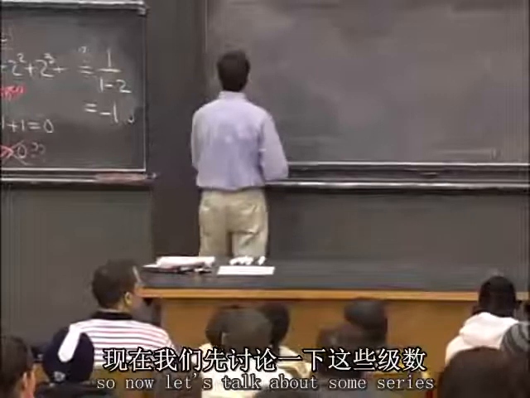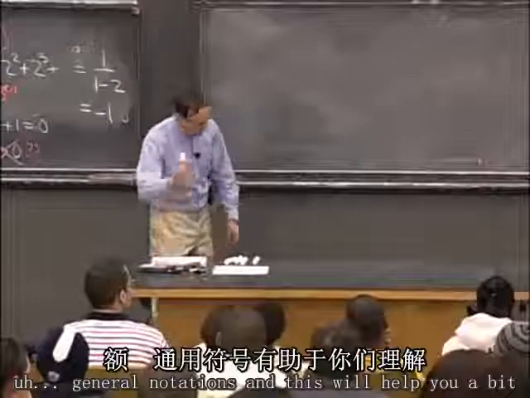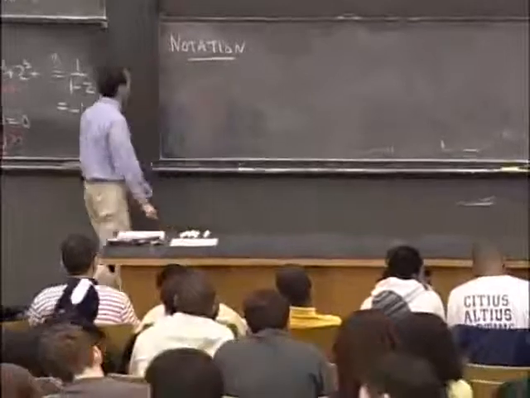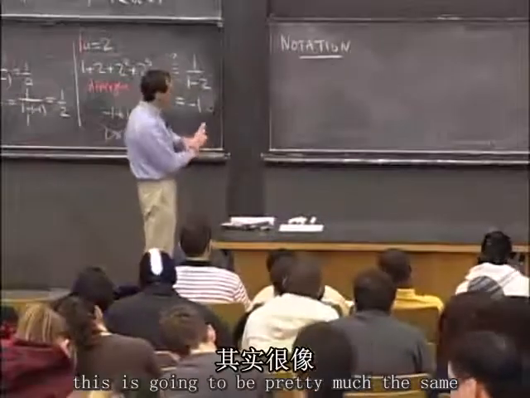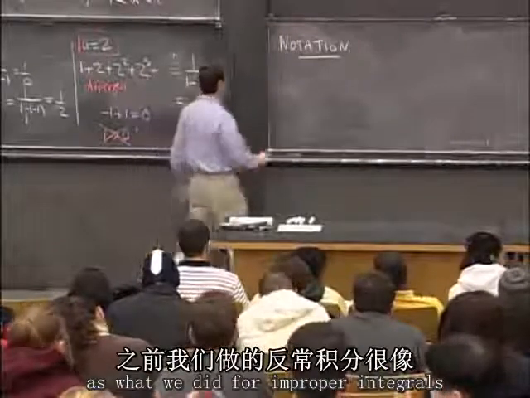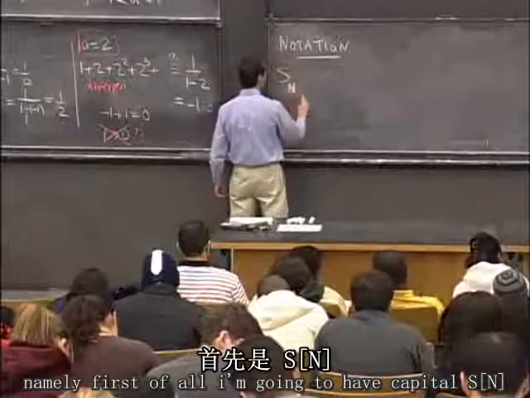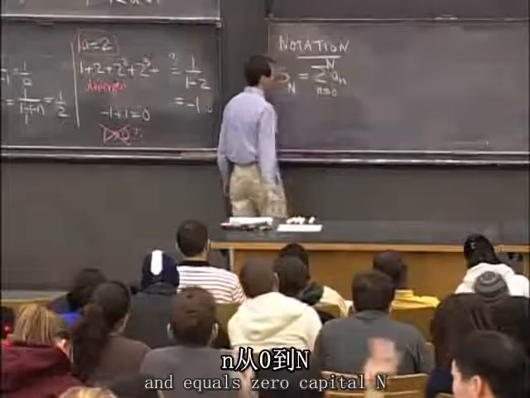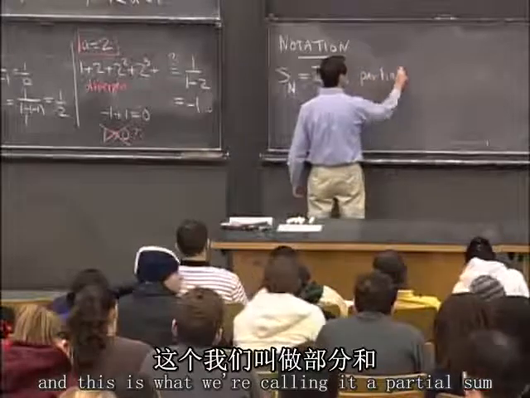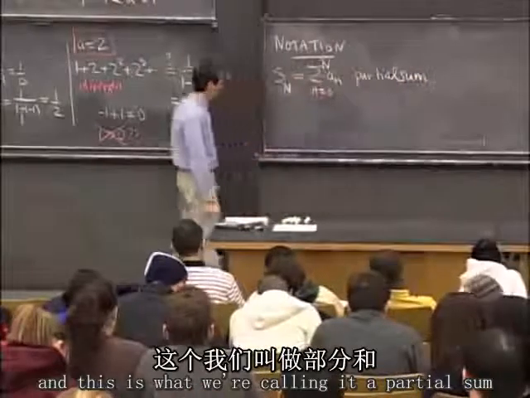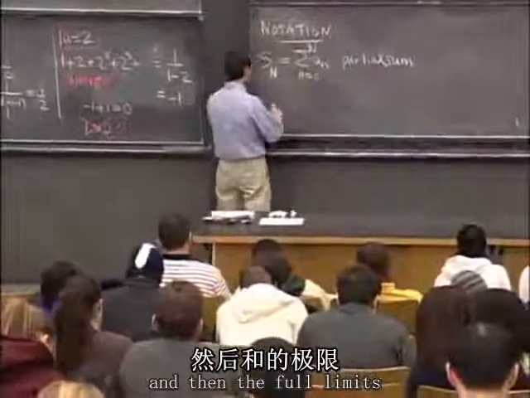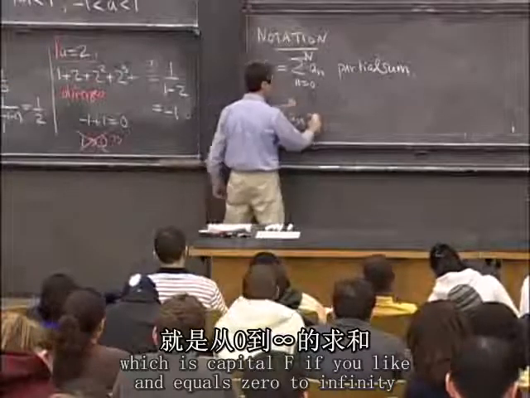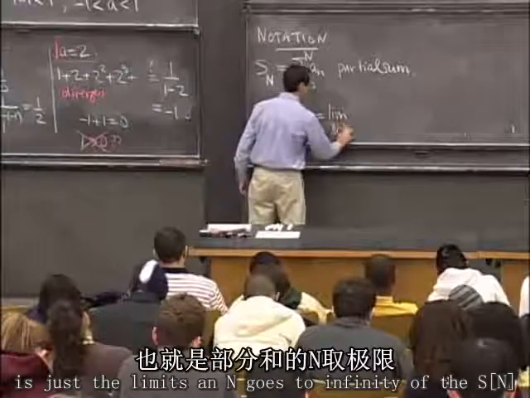So now let's talk about some general notation for series. And this will help you with the last bit. This is going to be pretty much the same as what we did for improper integrals. Namely, first of all, I'm going to have capital S_N, which is the sum of a_n, n equals 0 to capital N. And this is what we're calling a partial sum. And then the full limit, which is capital S, the sum from n equals 0 to infinity, is just the limit as N goes to infinity of the S_N's.